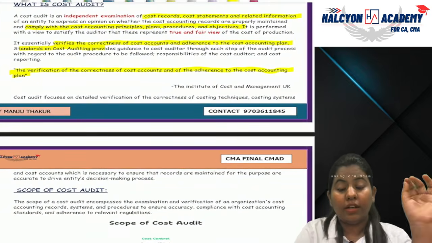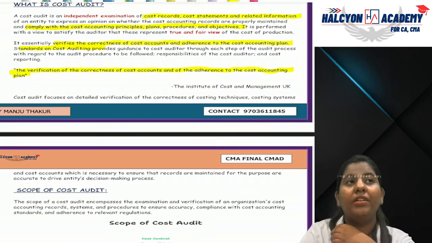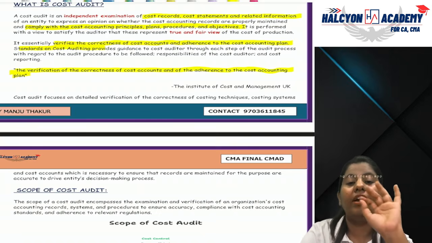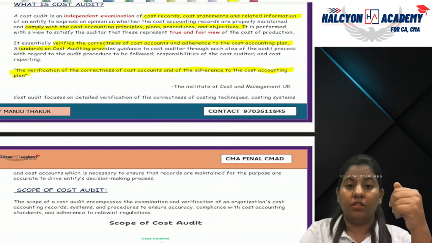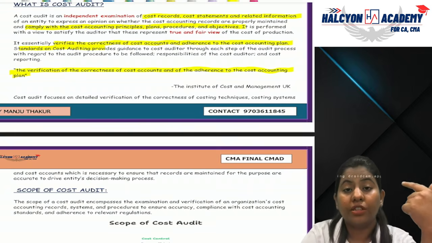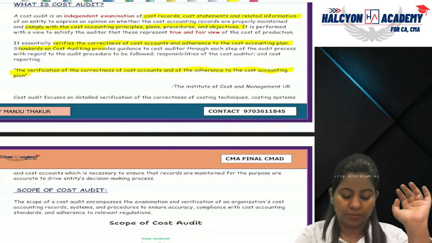If in a certain year a company has the objective of cost reduction, the cost auditor is going to verify whether everything is done in line with that objective or not, right?